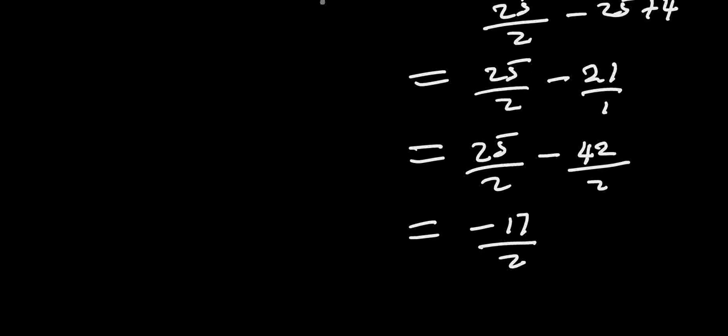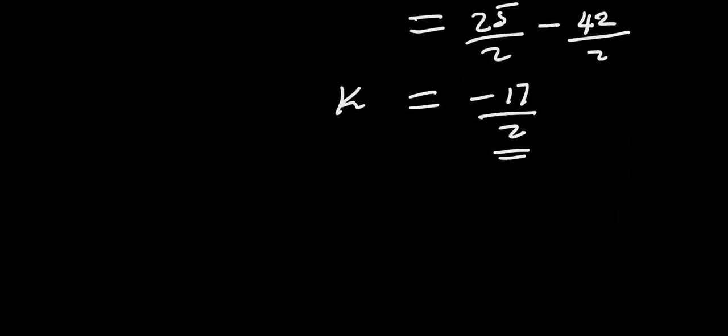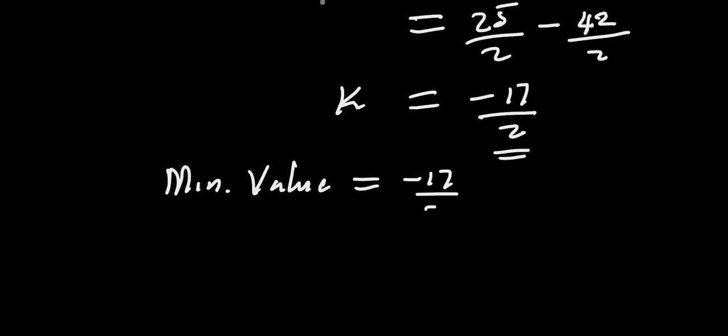So this is the value of k. So k is equal to this, and k is the minimum value. Therefore, the minimum value of the function is equal to negative 17 over 2. Remember that the value of h we got is 5 over 2.